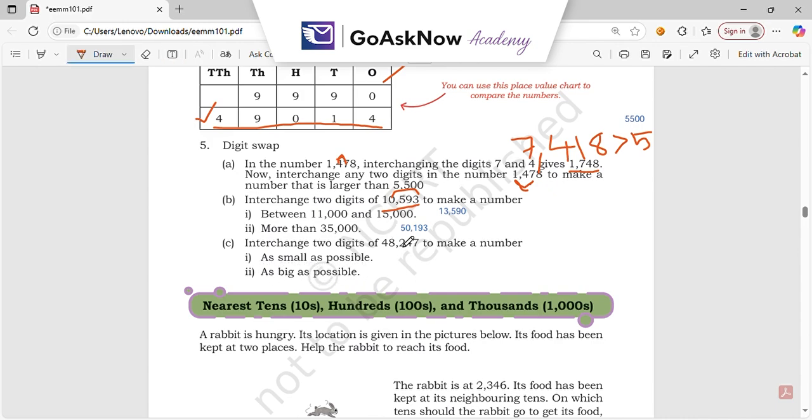We can interchange 2 and 4, which gives 28,447, the lowest value using an interchange of two digits. The biggest value we can get is by exchanging 8 and 4, giving 84,247.